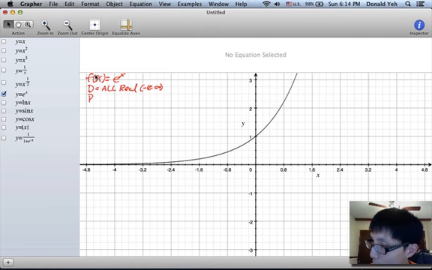Your range, according to this, there's a bound below, so it's gonna be from 0 to infinity, and there's a bound below. And this graph you have to memorize it.